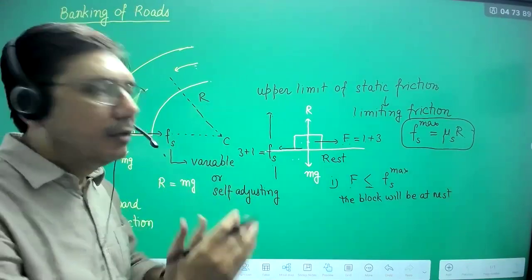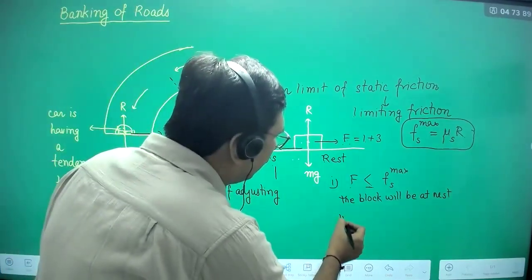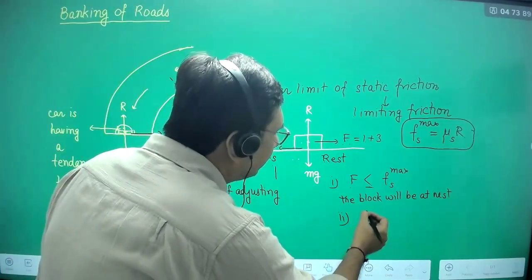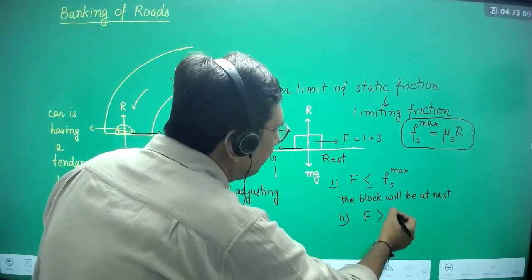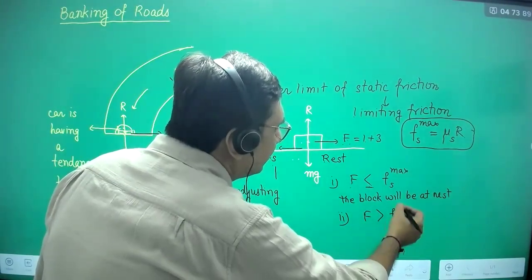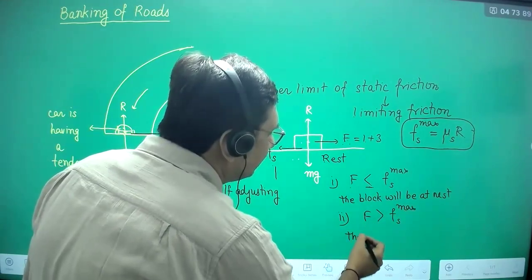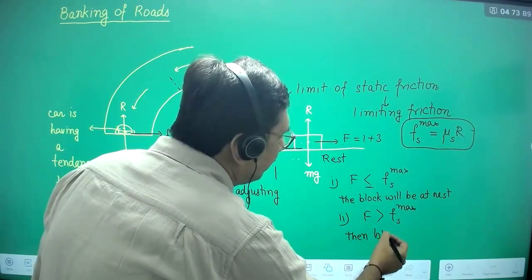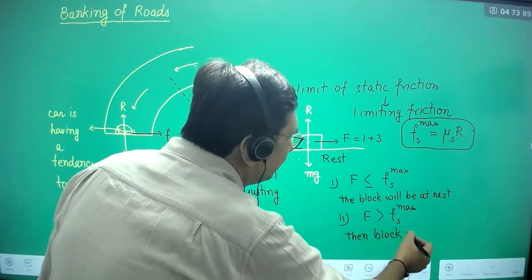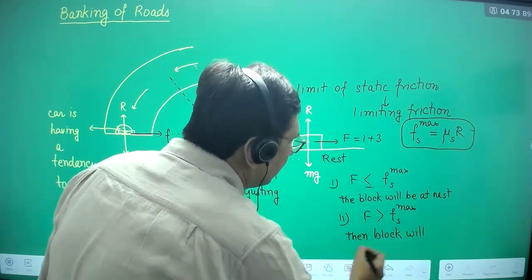But the time when the applied force becomes greater than this limiting friction Fs max, then the block will start moving.